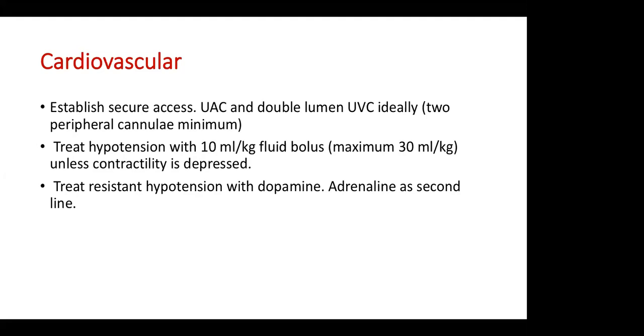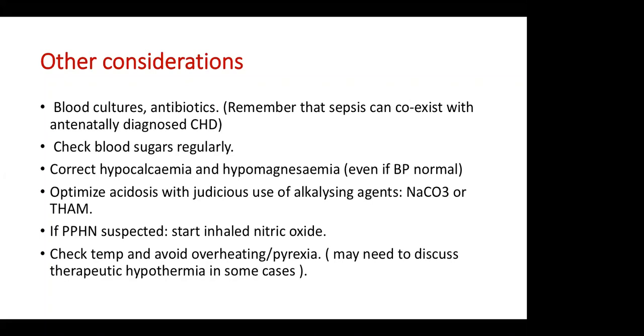Treat resistant hypotension with inotropes. Usually people like to start dopamine in a peripheral hospital, because it can be given in a peripheral line up to 10 mic. And neonates usually respond to dopamine better than infants. So start dopamine if you don't have adrenaline, or go for adrenaline if not responding to dopamine.